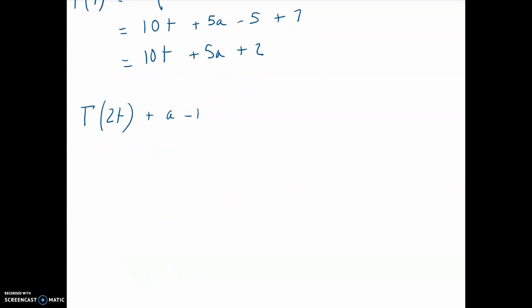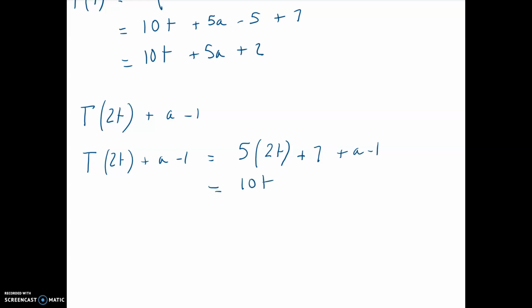So T of 2t plus a minus 1 is going to be equal to 5 times 2t plus 7, but I need to add also plus a minus 1. The answer is going to be 10t plus 6 plus a.